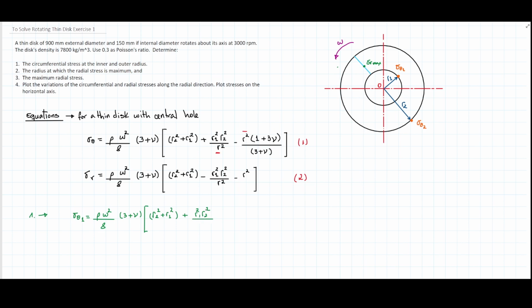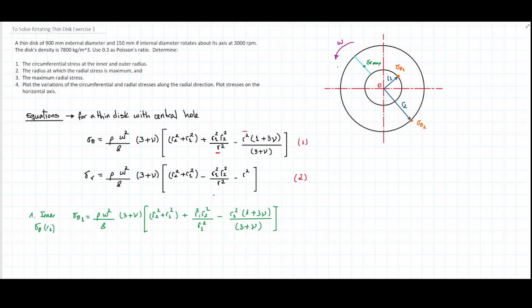But now this R turns into R1 because we're talking about the inner radius, so let me delete this part and then say inner. And continue here like square minus R1 square, because remember, we want to calculate this stress, meaning this one here, in R1, times these terms here, basically, and divided by this term here.